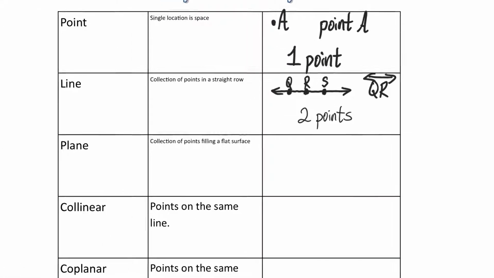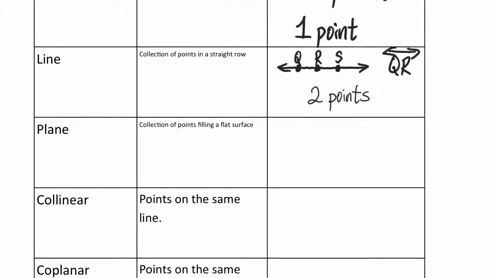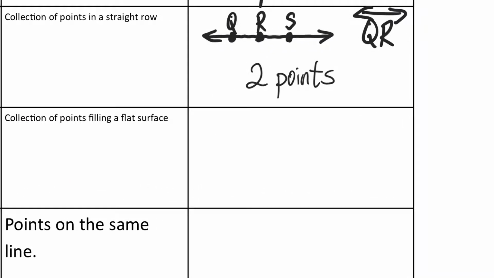Okay? Then the third one is a plane. A plane is a collection of points filling a flat surface. So generally, the way we draw a plane is a lot of times like this, like a parallelogram.